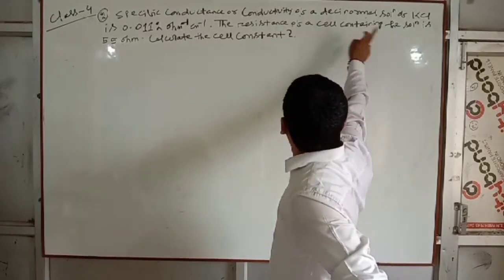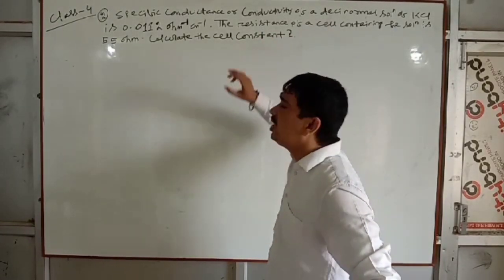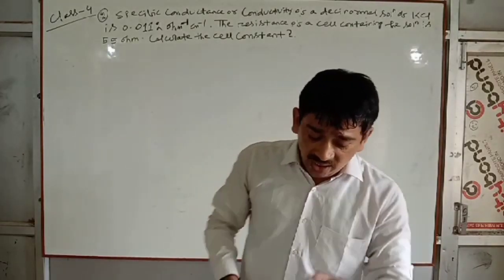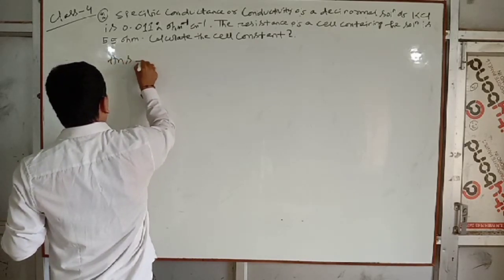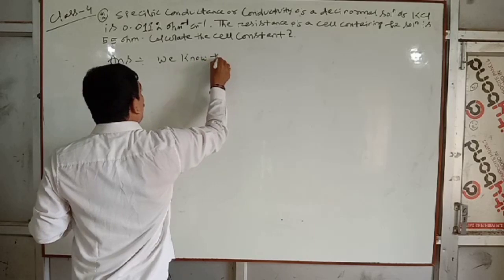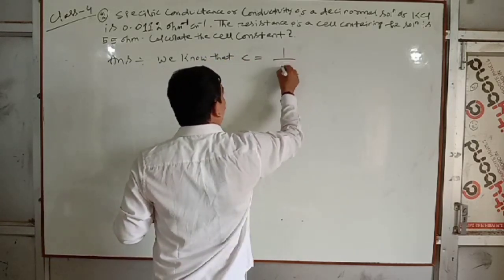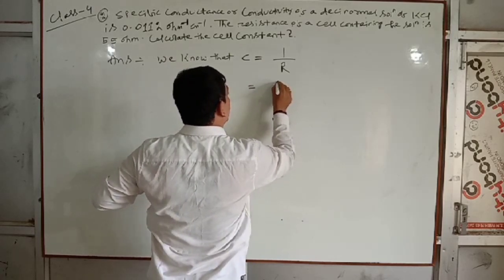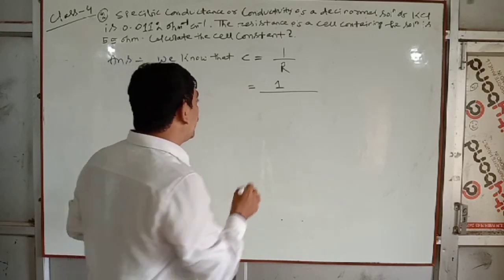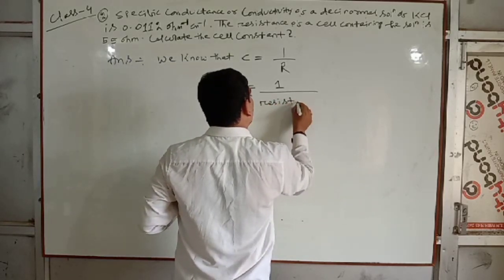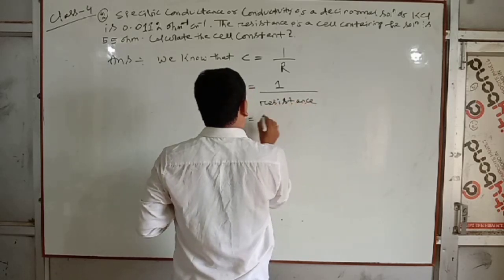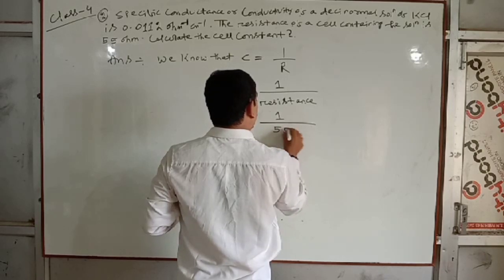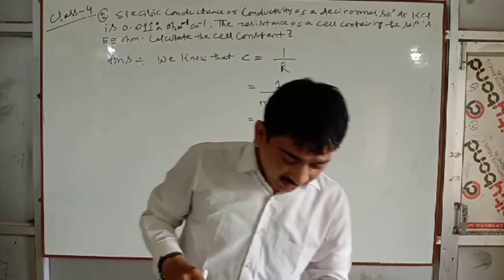We have to calculate the cell constant L by A. We know that conductance C equal to 1 by R. Resistance is 55, so 1 by 55 is the conductance.